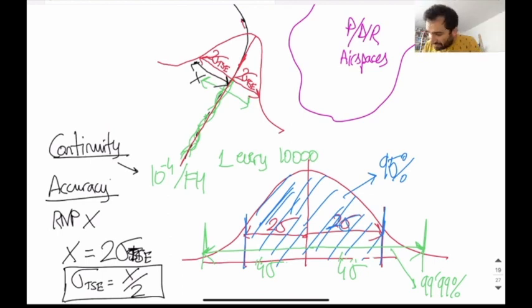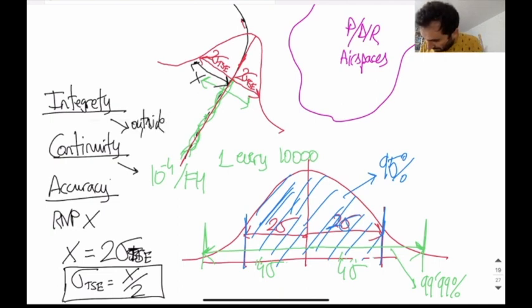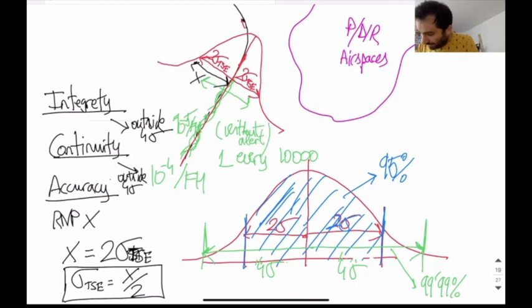And when it comes to integrity, the definition is similar, but in this case, this has to do with the probability of the aircraft being outside, again, outside the 4 sigma container, and this being 10 to the power of minus 5 per flight hour, but in this case without alert.